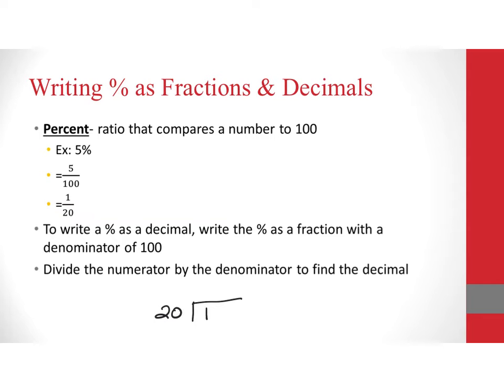Now if you recall, 20 will not go into 1, so I'm going to have to drop in a decimal point and write in a 0. 20 cannot go into 10, so I'm going to put a 0 up here, and I'm going to put another 0. And then 20 goes into 100 5 times. So this right here is my decimal equivalent of 5%.